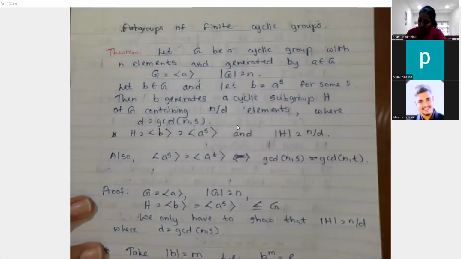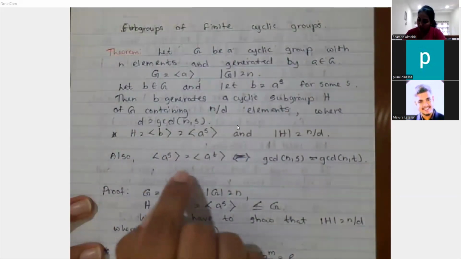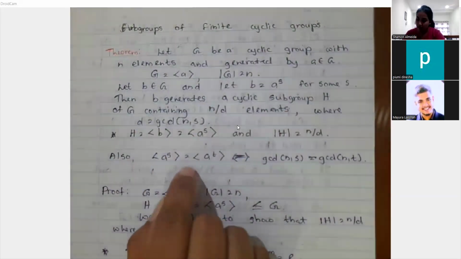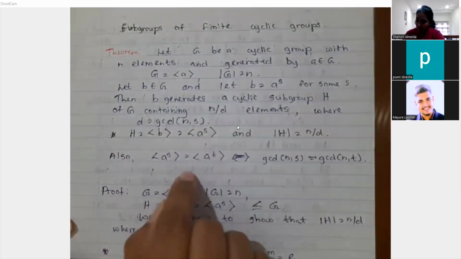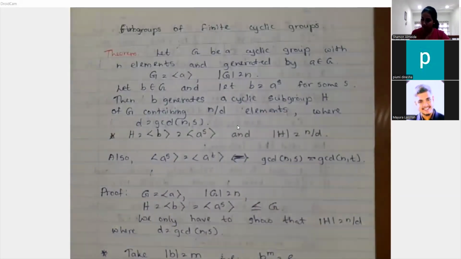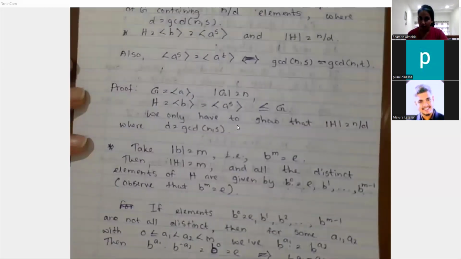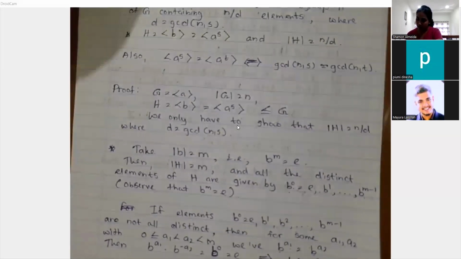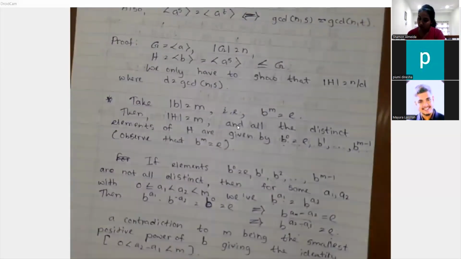So now, if the greatest common divisor of n and S is the same as the greatest common divisor of n and T, then the element that generates the subgroup A^S is also generated by A to the power of T, that is. Right. So far, we have shown this, right?